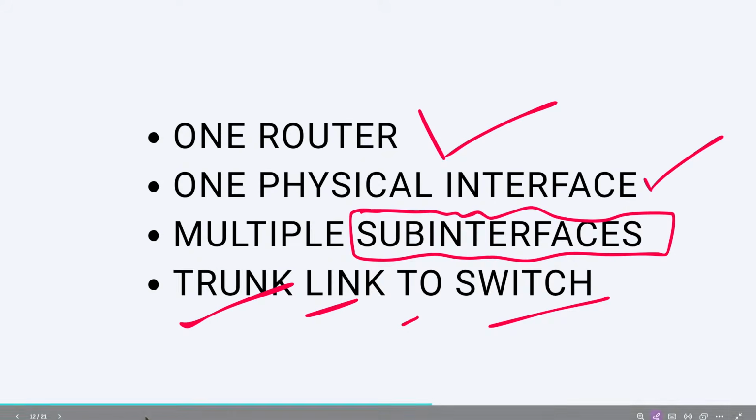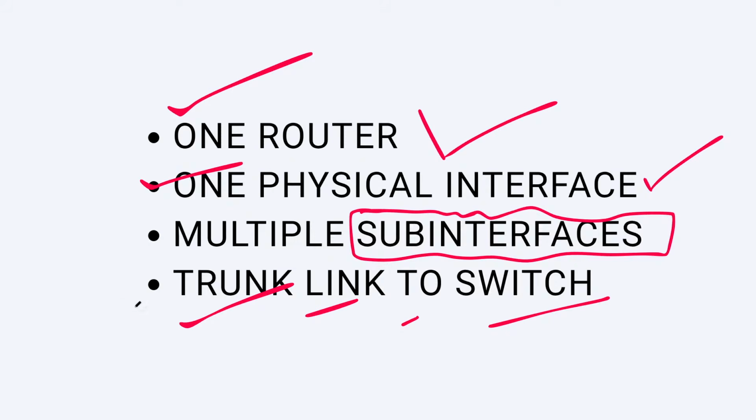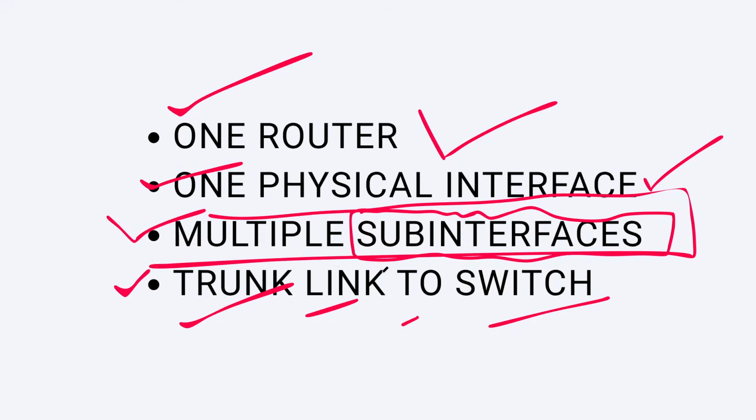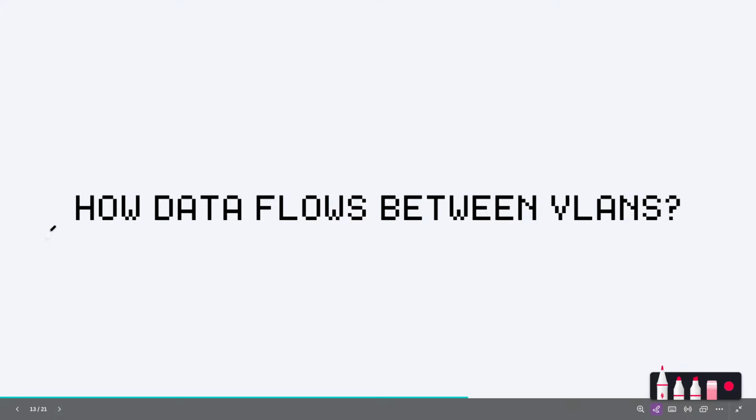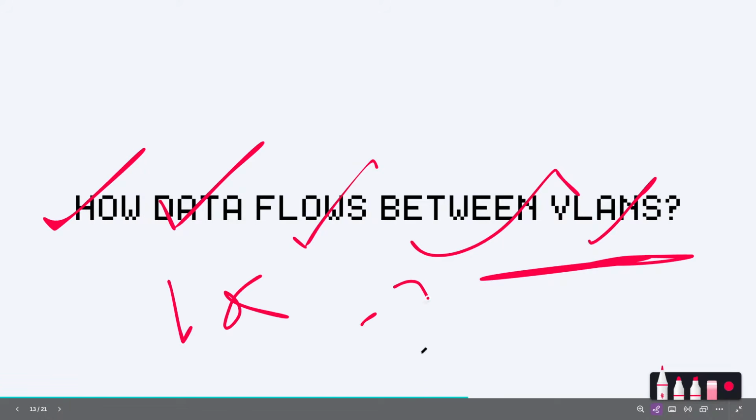This is what router on a stick means. We'll just have to set the multiple sub-interfaces and we are good to go. We'll also understand how data flows between the VLANs, like finance and HR.